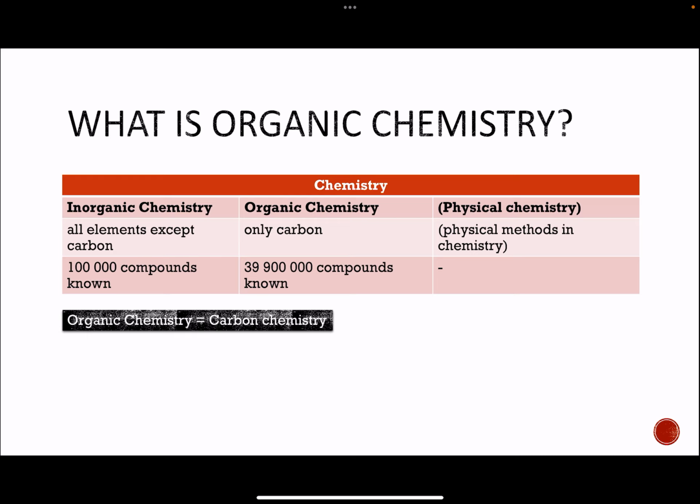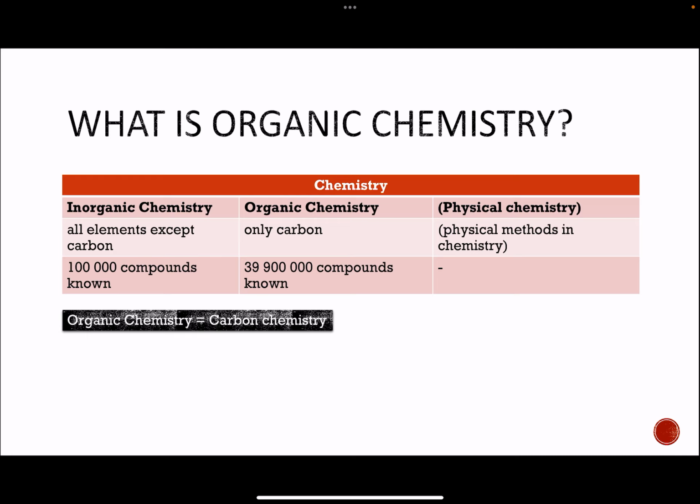And in organic chemistry, we know around 40 million compounds currently, whereas in inorganic chemistry, only 100,000 inorganic compounds are known. So we have much more organic compounds than inorganic compounds.